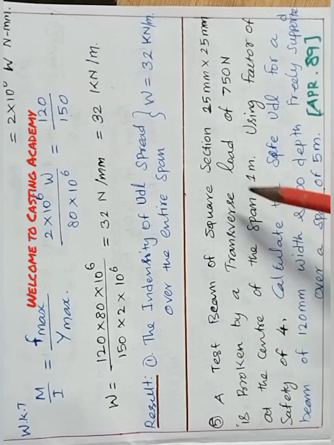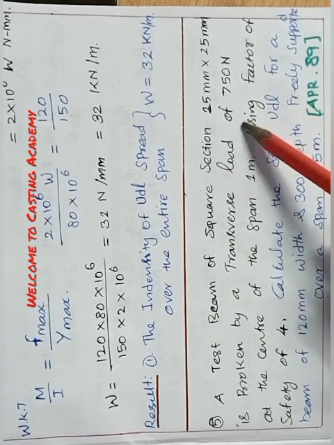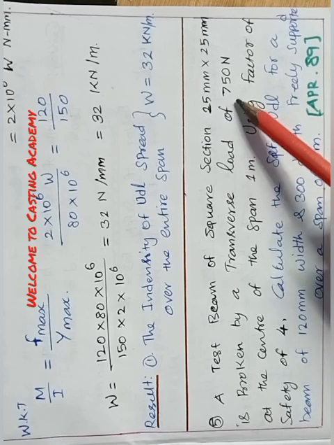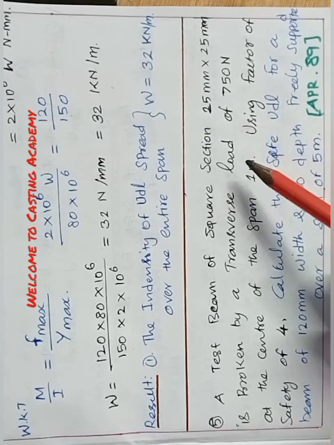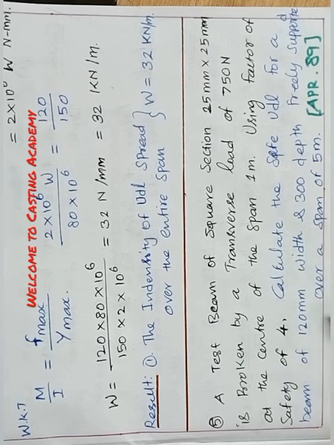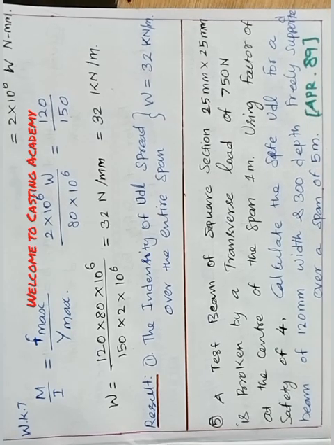So first the test beam, that is in cross section square, that will be broken by 750 Newton central load. From this we have to make another beam with the width and 300 mm depth. So this is what they have asked.